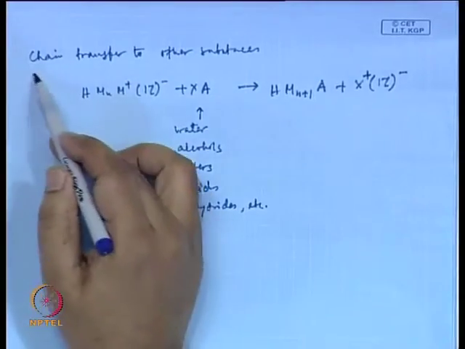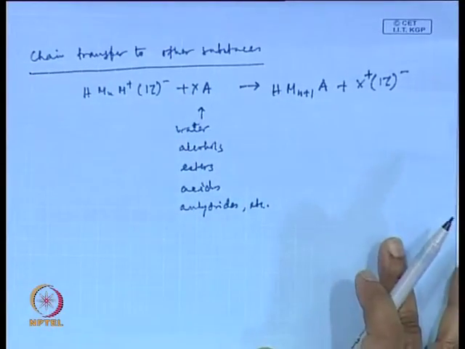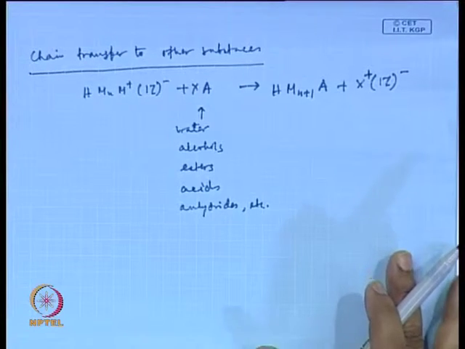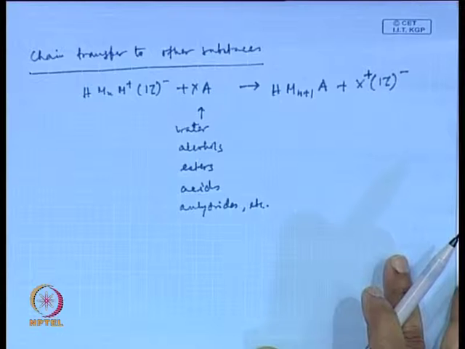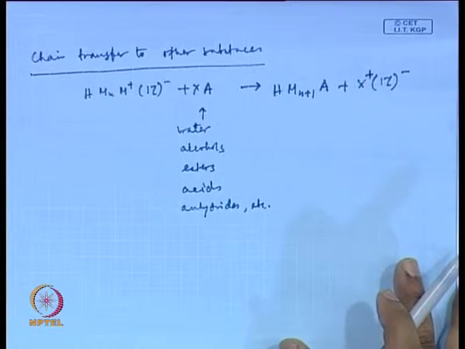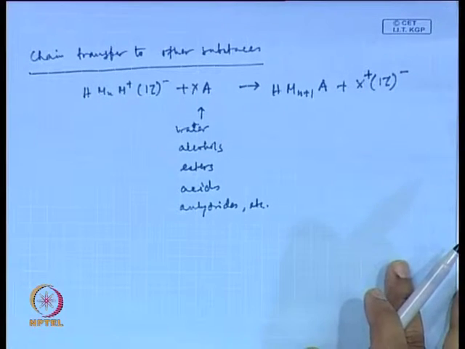Chain transfer also can be possible to other substances, whether present as impurities or added deliberately as a chain transfer agent to control the molecular weight.